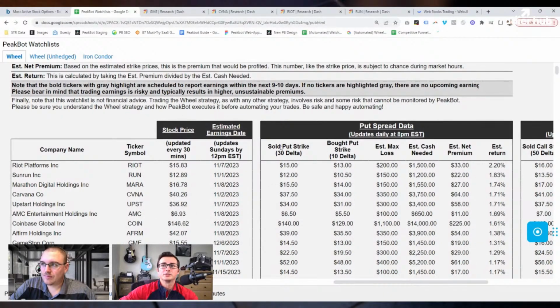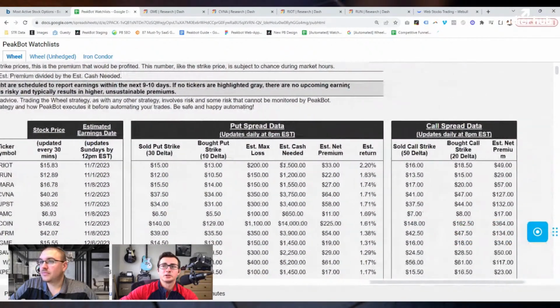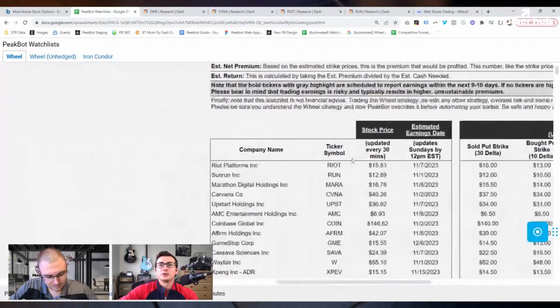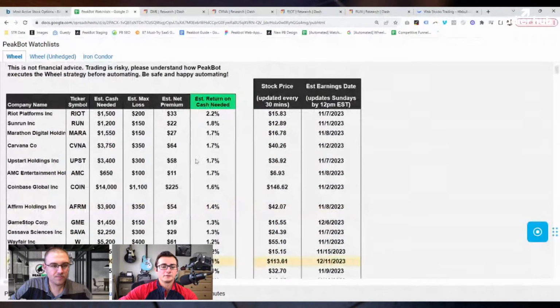You can see you've got your sold put strike, your bought put strike at the 30 delta and the 10 delta. You've got your max loss. You still have cash needed, net premium, and then you have the call side information. So all this information is still here; you just have to scroll to the right. We wanted to make this a little more user-friendly for anybody new joining the platform so they can get just the relevant information that they need.